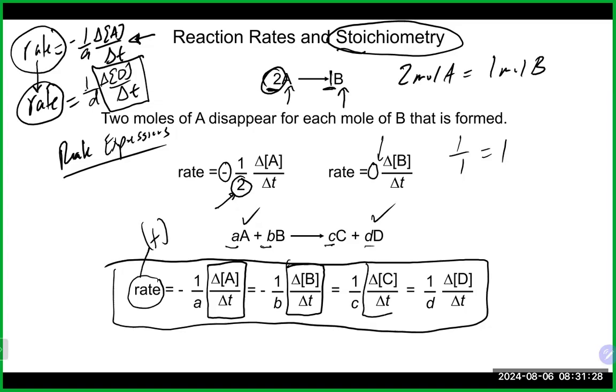If you're doing C over time or D over time, you will end up with positive numbers for those. So it is possible to end up with a negative value for a reactant in terms of how its concentration is changing with time. But if you're calculating the average rate of the overall reaction, taking everybody into account, that should always end up as a positive number. Questions on that?